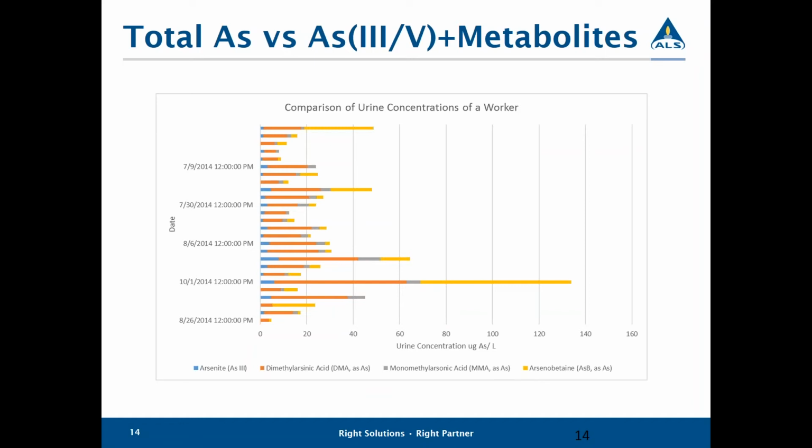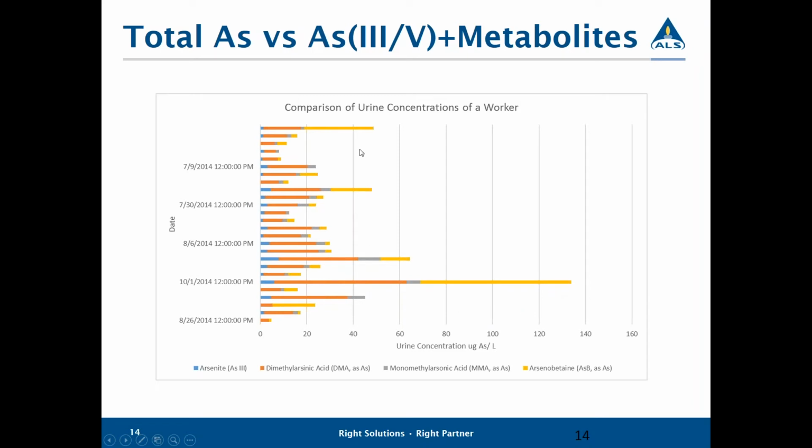So this chart gives you an idea of why speciation is really important compared to just a total arsenic. The exposure index of 17 and 35 would be summing up all the species with the exception of arsenobetaine, which is the one in yellow.